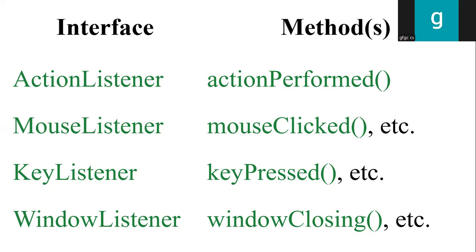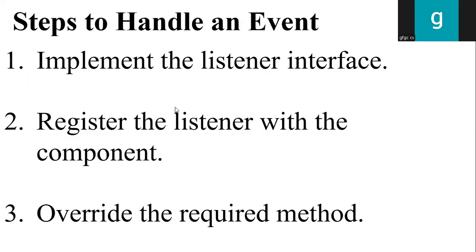Different methods have been provided. For KeyListener, we have different methods like keyPressed, keyReleased, keyTyped. For WindowListener, we have windowClosing, windowOpened, windowMinimized, like that. We have these methods in those particular interfaces.